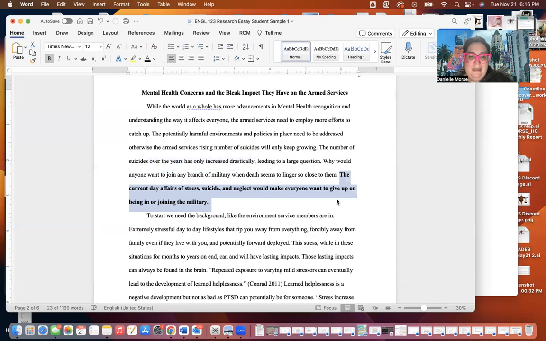The current day affairs, I would be very hesitant to label this as strictly a current day issue. I'm pretty sure that this type of thing has been happening for centuries. But it says the current day affairs of stress, suicide, and neglect would make everyone want to give up on being in or joining the military. So that's not a thesis statement.